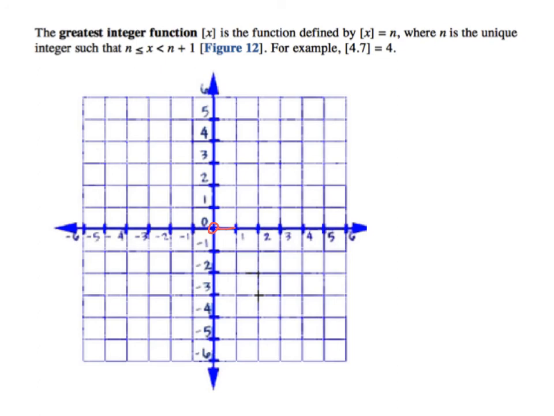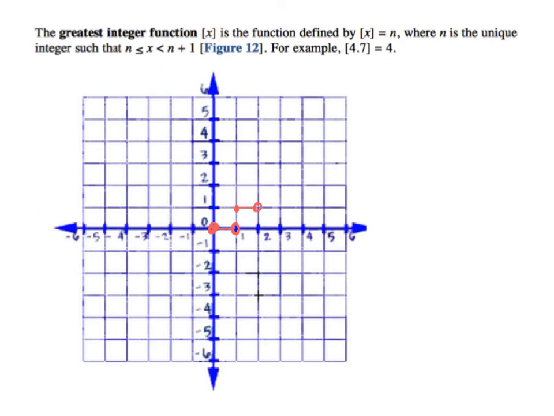0 and 1 equals 0. Any decimal between 1 and 2 equals 1.